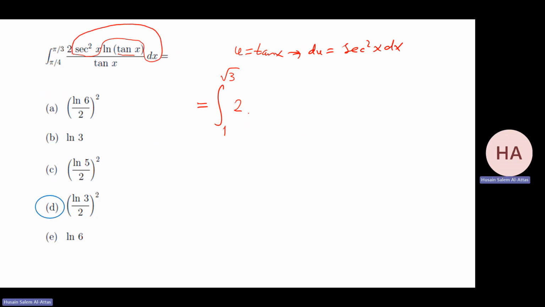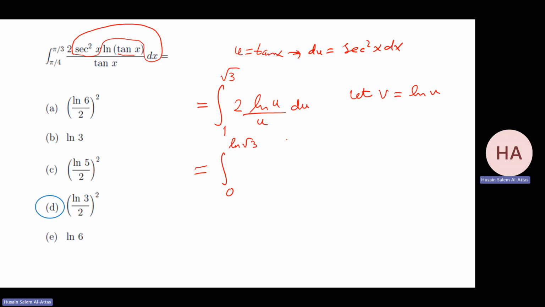So 2 ln u over u du. Okay. Now I let v be equal to ln u. What will happen? That will be ln 1, which is 0. Here I have ln of square root of 3.